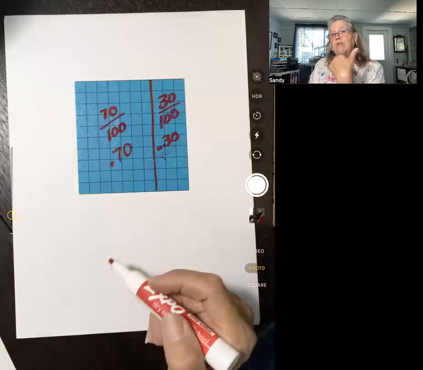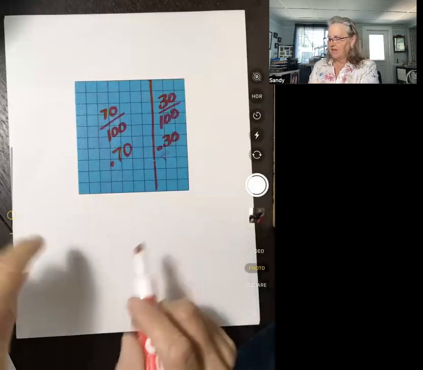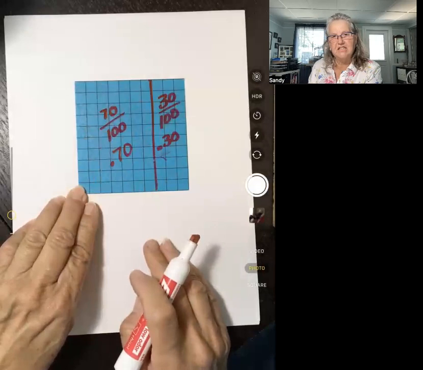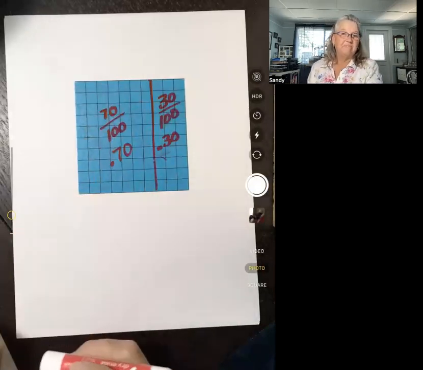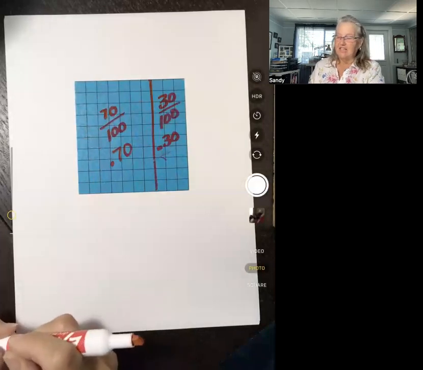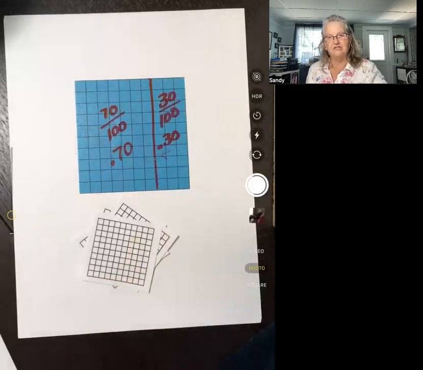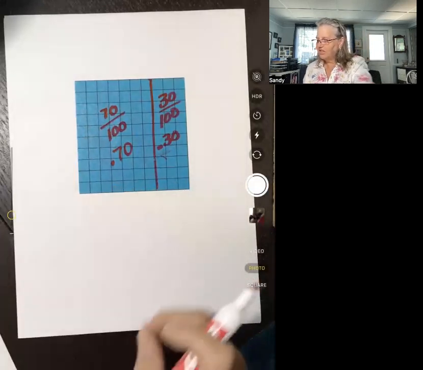Now, if I want the children to draw what they're doing and draw pictures to show their thinking, drawing a picture showing all of those hundredth pieces drawn in becomes rather cumbersome, right? That is not efficient. And I don't always want to have, or they may not always have, these types of grids to use.